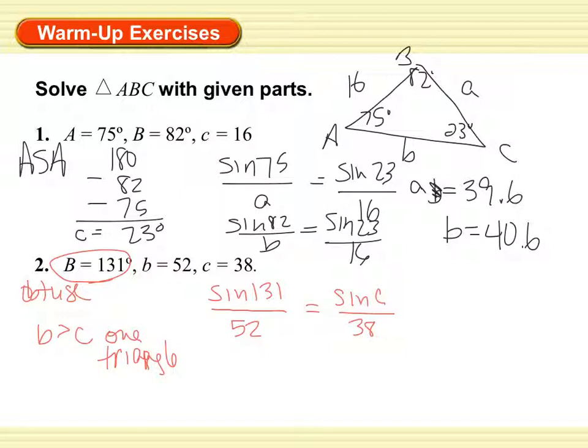So 38 times sine of 131 divided by 52 is 0.55, which equals sine C. So sine to the negative 1 of 0.55 equals angle C. Angle C is 33.5 degrees.